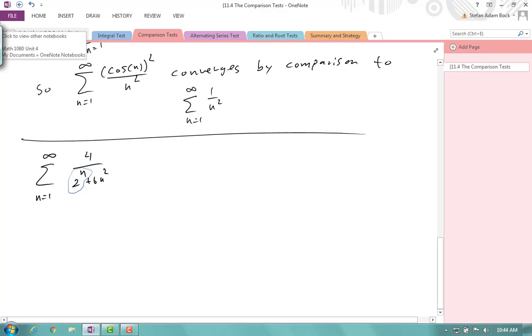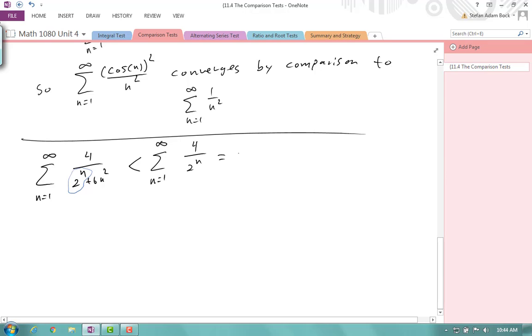So I want to see what happens if I get rid of that 6n squared. But if I get rid of that 6n squared, that will mean I have a smaller denominator and therefore a bigger fraction. So this original series is smaller than the sum from n equals 1 up to infinity of 4 divided by 2 to the n.